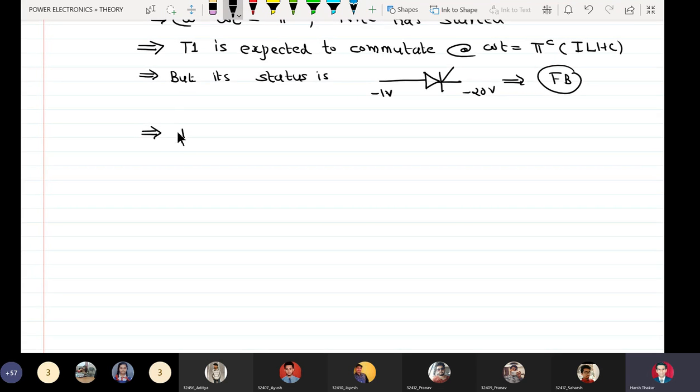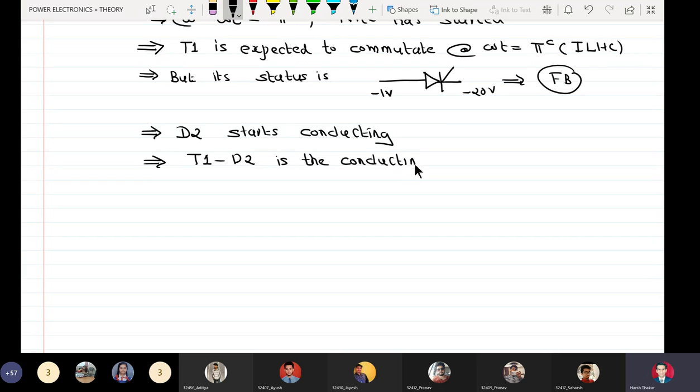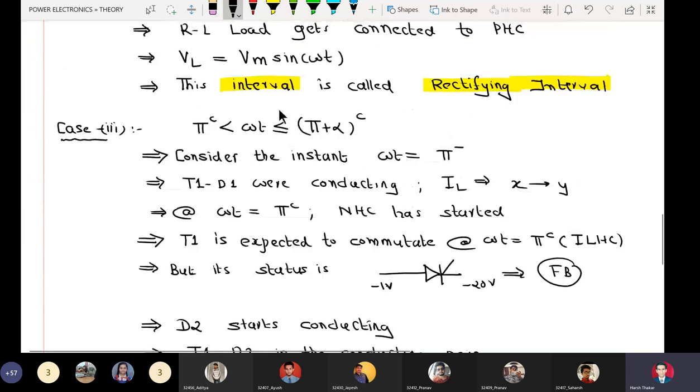So now the diode D2 starts conducting. So now T1 D2 is the conducting pair. Okay, and the status becomes like this.